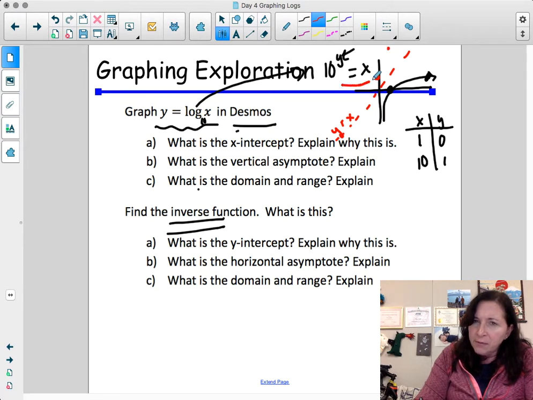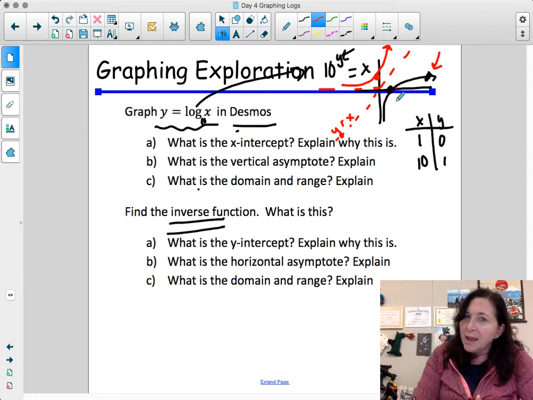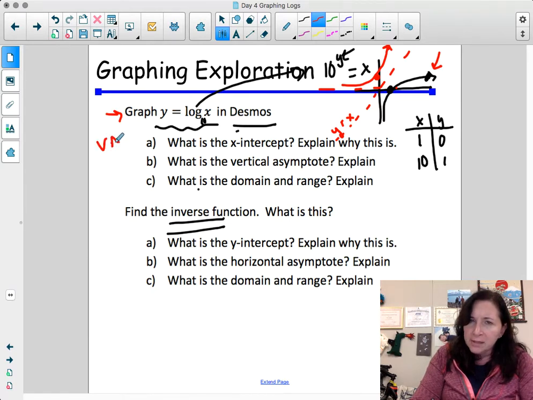And remember, if this is actually exponential, you do have a horizontal asymptote for this. But this graph here is logarithmic. And for logarithmic equations, you have vertical asymptotes. And so that gave you a vertical asymptote here at x is equal to 0.